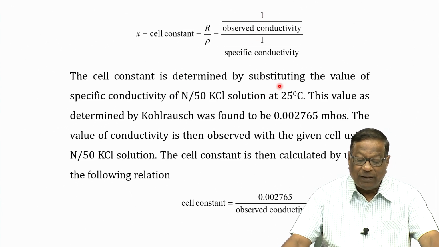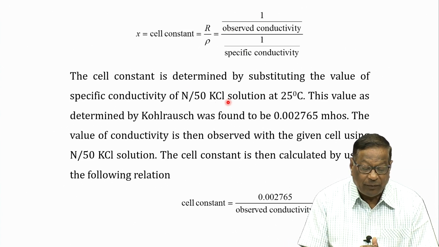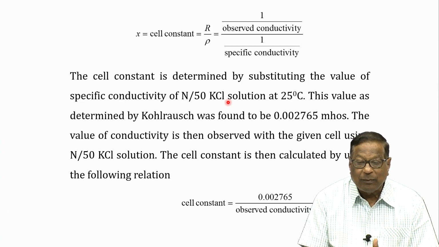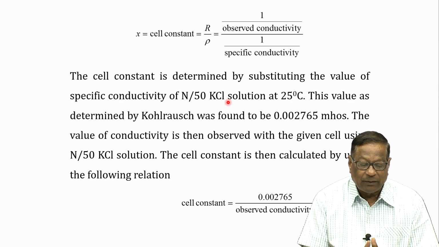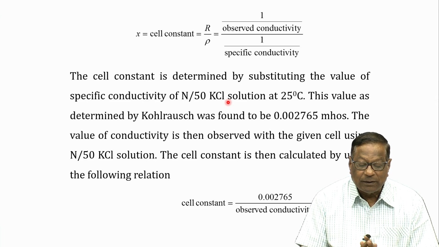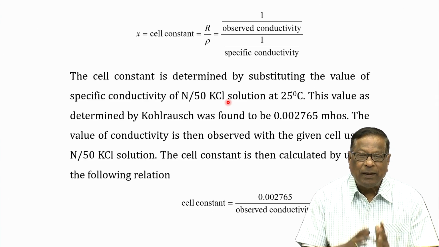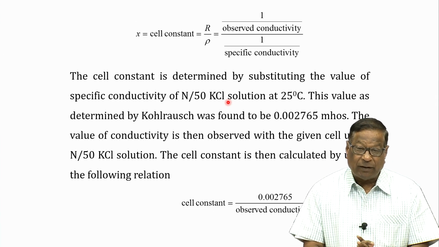These are resistance terms, these are conductivity terms. So, the cell constant is determined by substituting the value of specific conductivity of N by 50 potassium chloride solution at 25 degrees. This is a standard convention adopted all over the world, nothing much to think about it. All you have to do is prepare a conductivity cell, this is for the manufacturer.